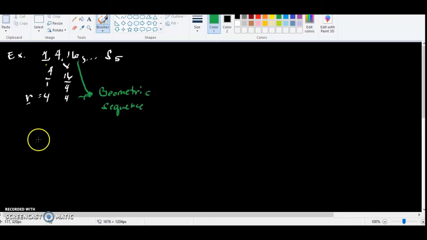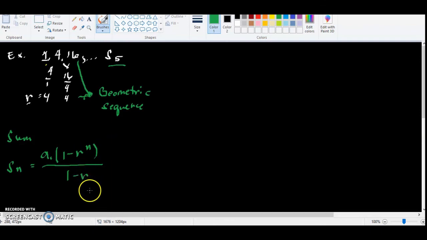Yan. And in getting the sum of a geometric sequence, the sum S sub n is equal to a sub 1, the first term, times 1 minus r raised to n, over 1 minus r, wherein the common ratio should not be equal to 1.